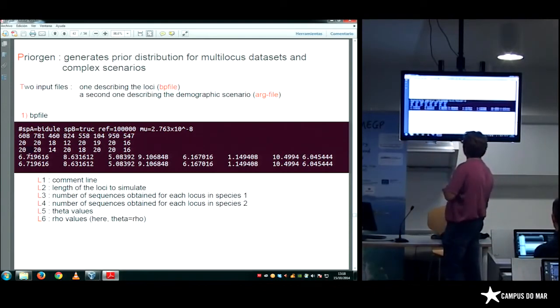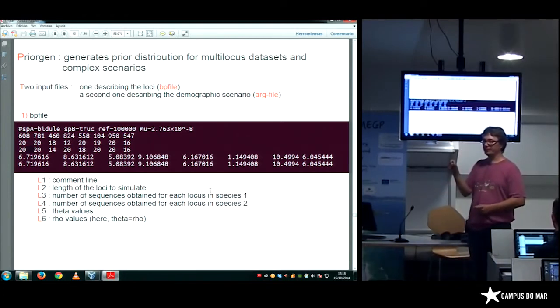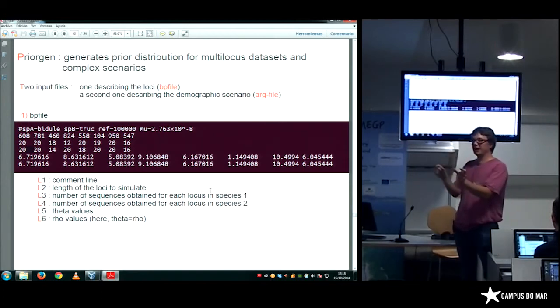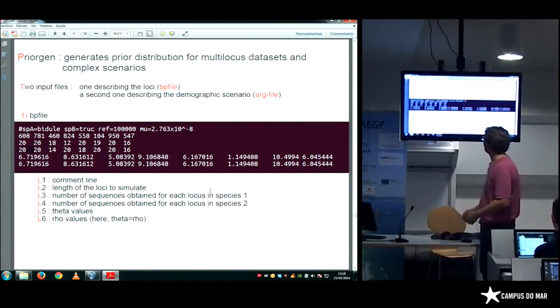And here are the recombination rates. We assume the population recombination rate, so it is Ne times r, the recombination rate, is the same for all the genes. As a consequence, it's the same value as theta.